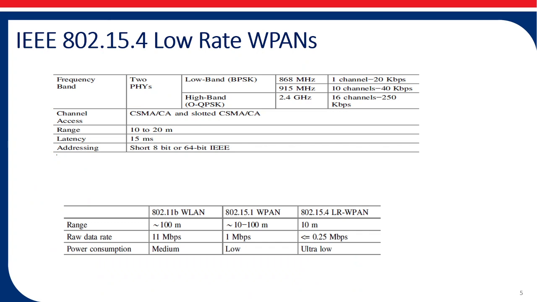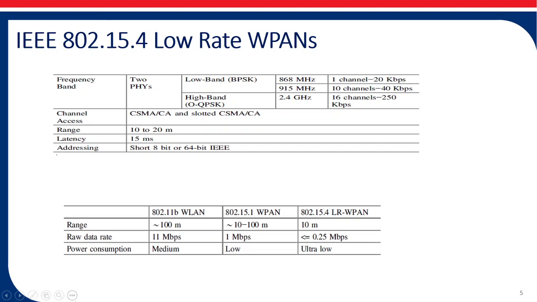IEEE 802.15.4, that is low rate wireless personal area network. IEEE 802.15.4 is a proposed standard for low-rate wireless personal area networks with a focus on enabling wireless sensor networks. IEEE 802.15.4 focuses on low cost of deployment, low complexity, and low power consumption.